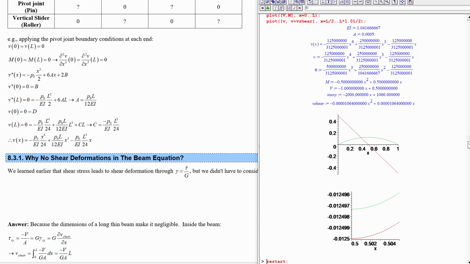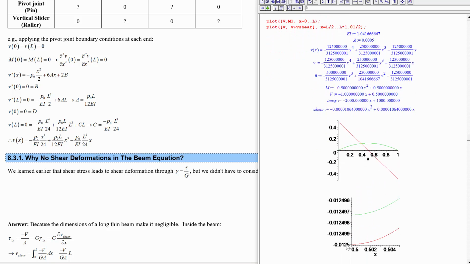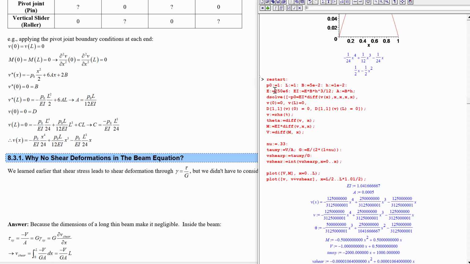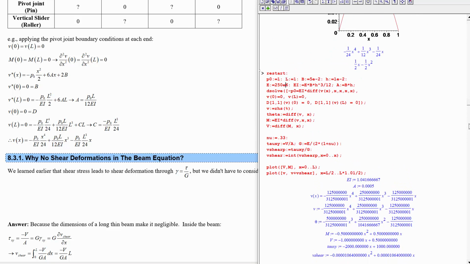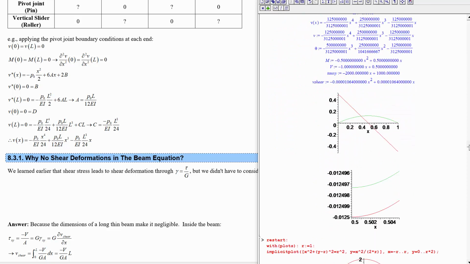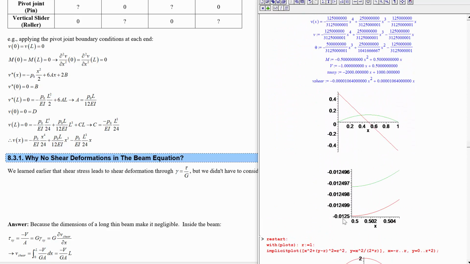So the bending displacement alone tells us that, for this beam, 1 meter long, with a 1 Newton per meter force applied on it as a distributed load, 5 centimeters wide and 1 centimeter thick, made of a material with a Young's modulus of 250 megapascals, the bending deformation is about 0.01 in size.